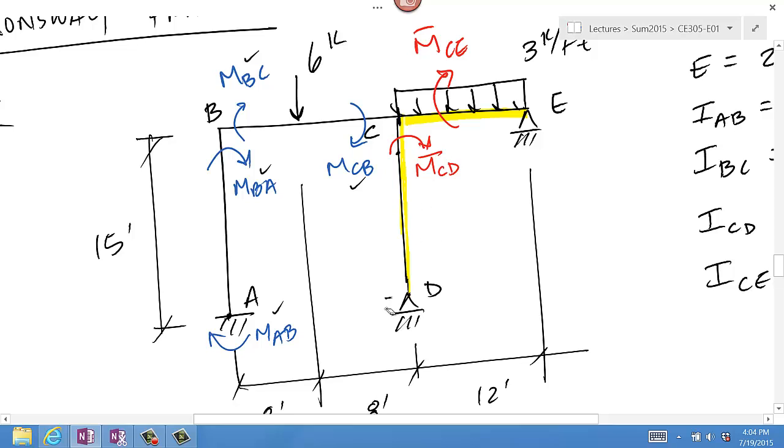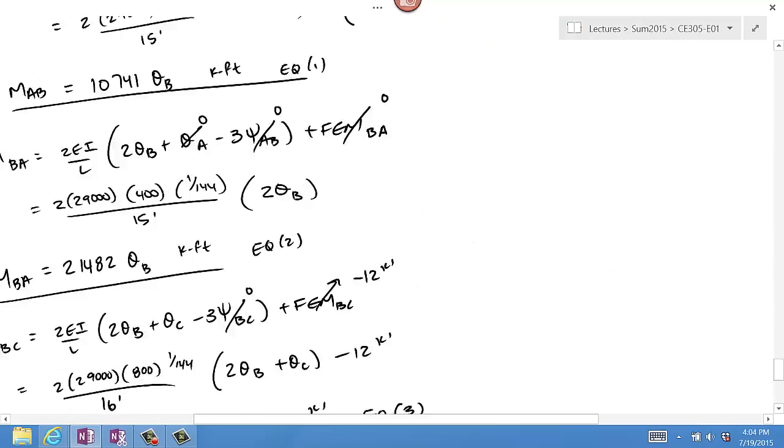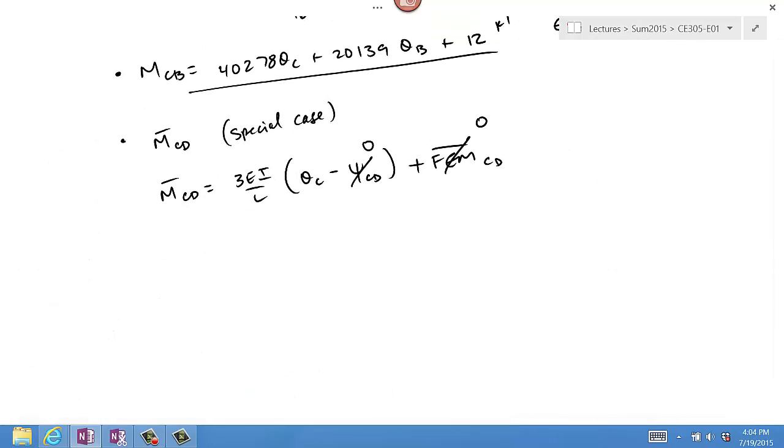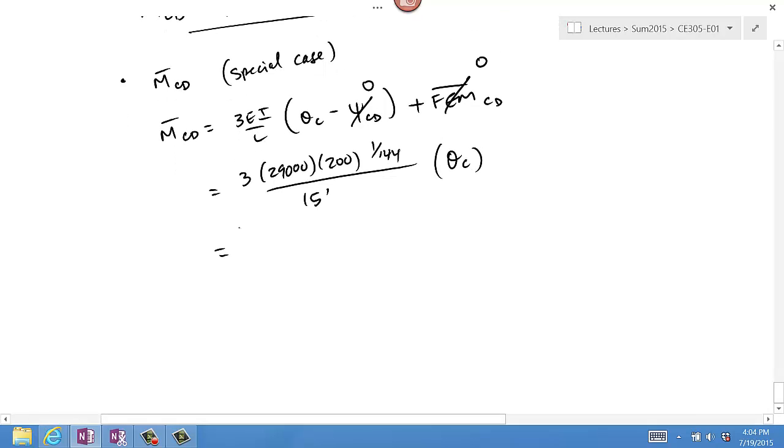Since there's no span loading, FEM bar is 0. So this gives us 3 times 29,000 times 200 over 1, times 1 over 144 for the unit conversion, and you have the 15 feet. The only thing that's left in the parentheses is theta C. So this reduces to 8056 theta C.